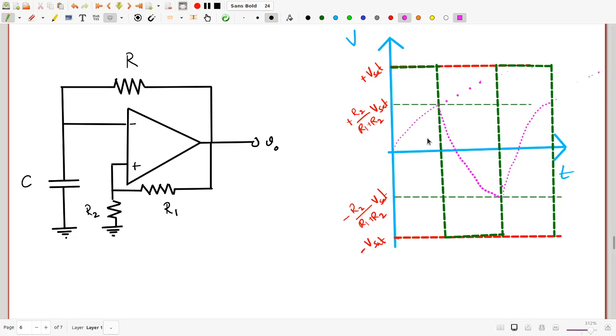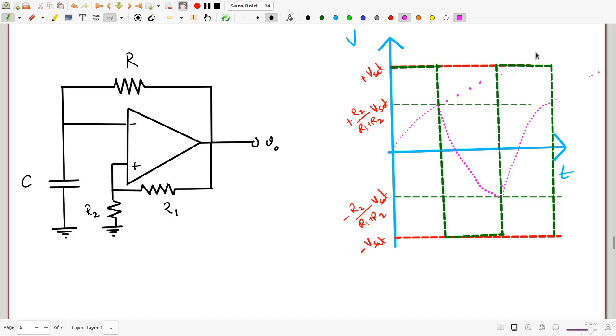But what is really going to happen is, if you ignore the first half cycle, after that it is going to be completely periodic. And you should easily be able to recognize that the time it takes for the capacitor to discharge from the voltage at UTP to the voltage at LTP going towards minus Vsat is the same as the time it takes for it to charge from VLTP to VUTP going towards plus Vsat.